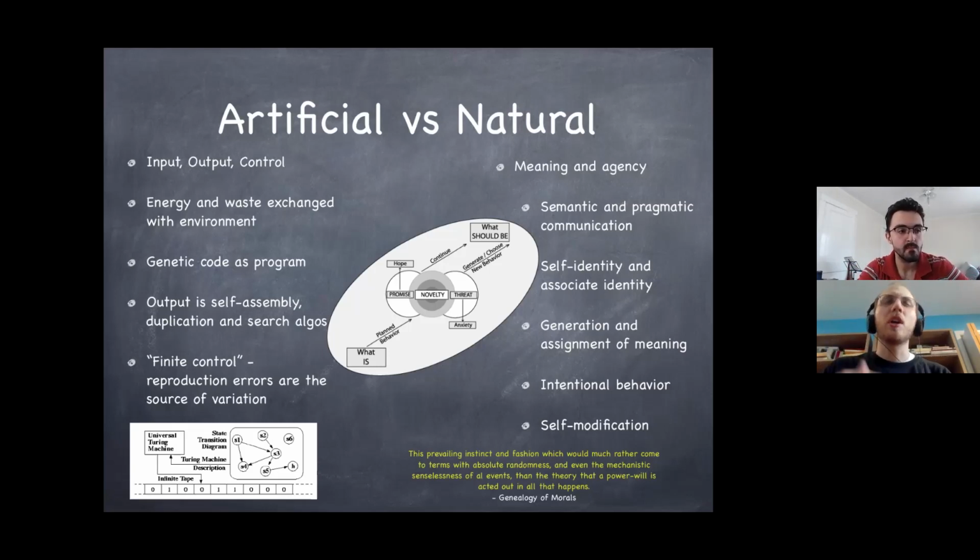Jung said that then something called the transcendent function, which is basically just the unconscious, because he had a mystical view of the unconscious, would cause a new symbol to arise from the unconscious.